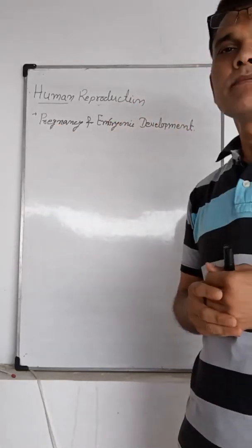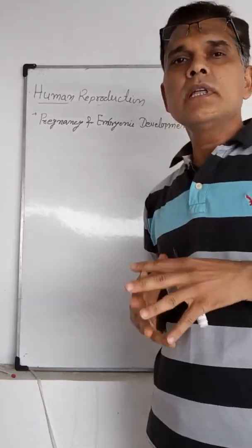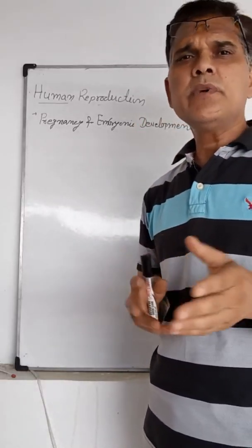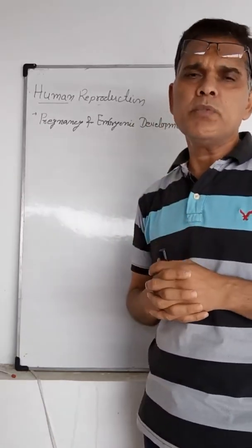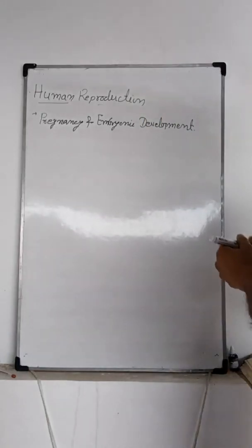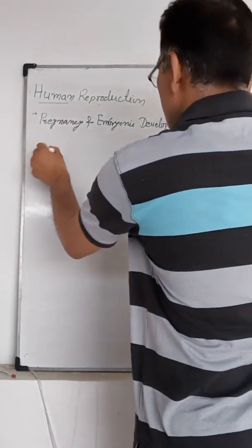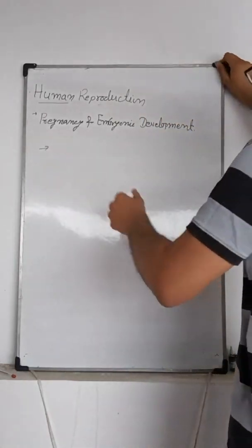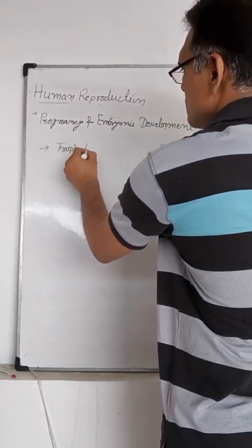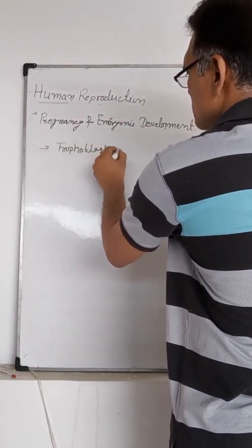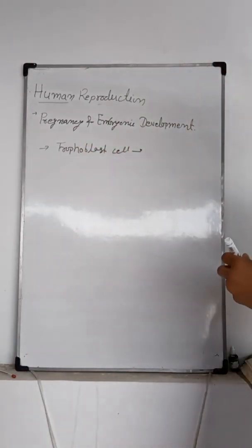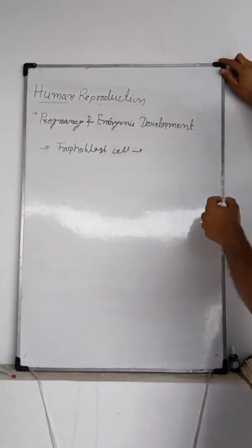embryonic development. After the embryo or zygote reaches the uterus, it will be attached to the endometrium wall, or uterus wall. After implantation, trophoblast cells form a finger-like projection known as chorionic villi.